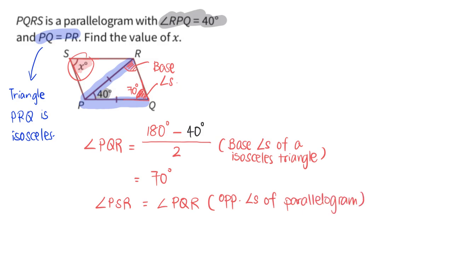And if they are equal, I will be able to get the value of x already, 70. Do notice that I did not put a degree to the value of x because we are talking about a value here and not the angle per se. And if we are talking about angle PSR, then yes, 70 degrees.